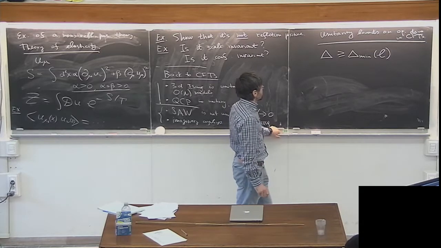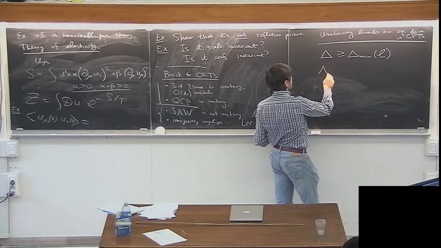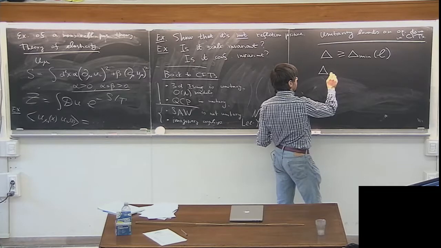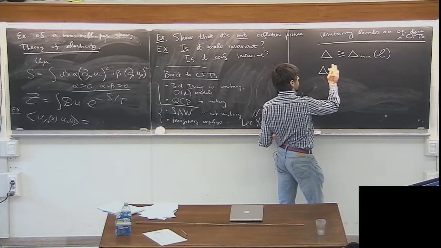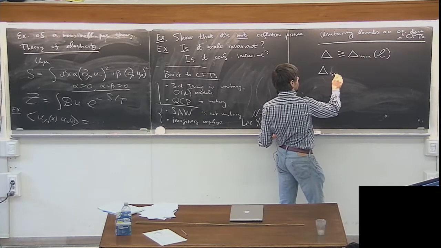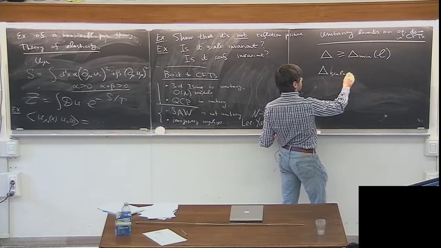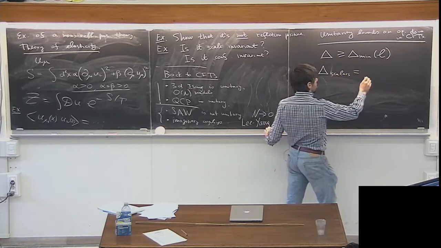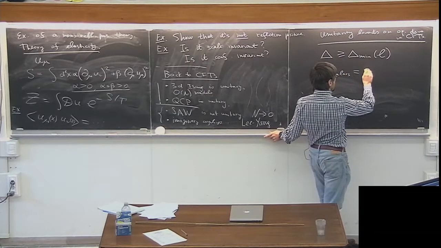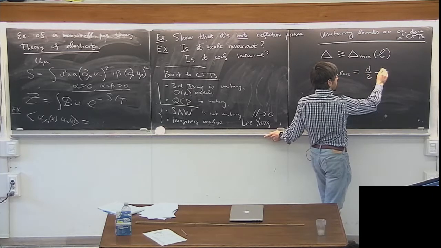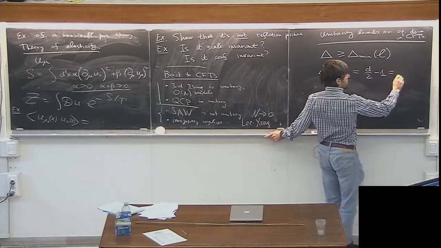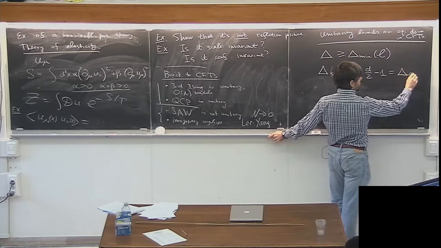And for scalars, so for L equals 0, this dimension is equal to d over 2 minus 1. So it's just the dimension of the free scalar field.